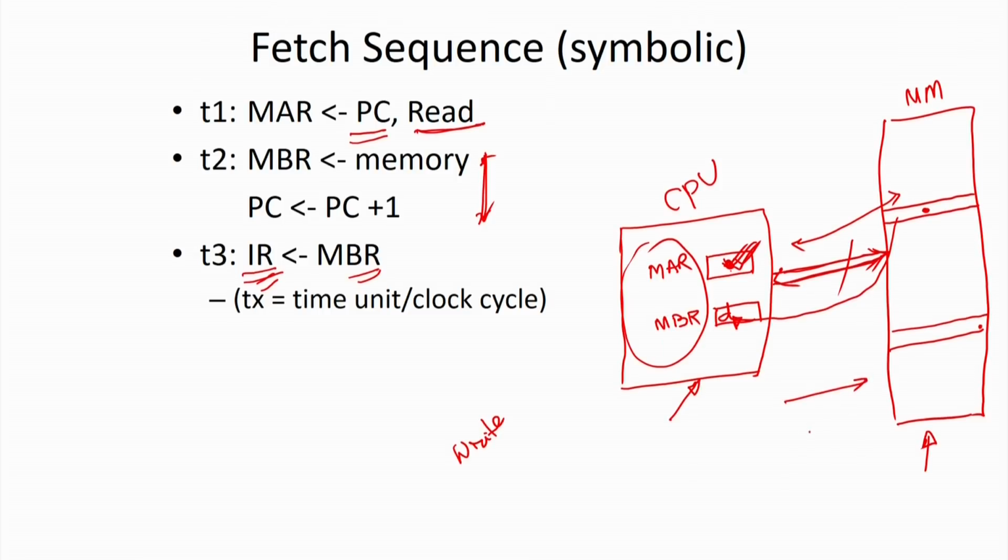Then we give the write signal. Then whatever information we have in our MBR will be stored in this particular memory location. So, we have two operations, the read operation and the write operation, and while interfacing with anything external to the processor, MAR and MBR act as the interfacing registers.